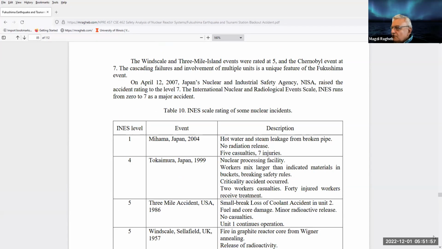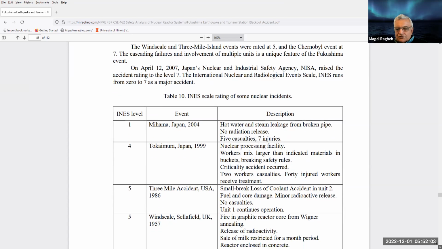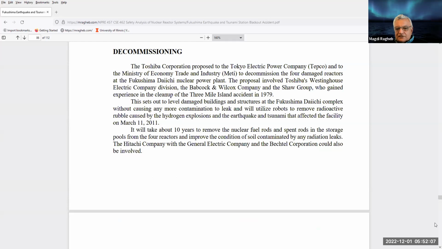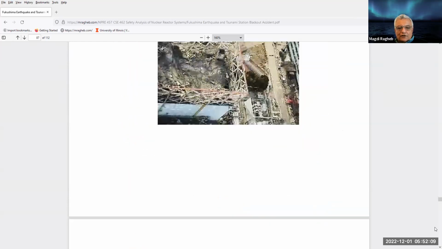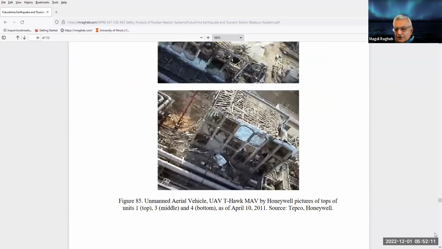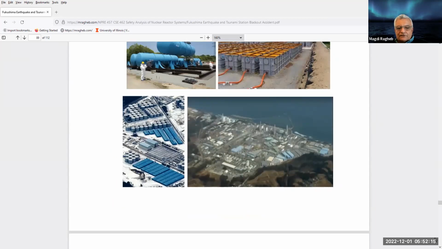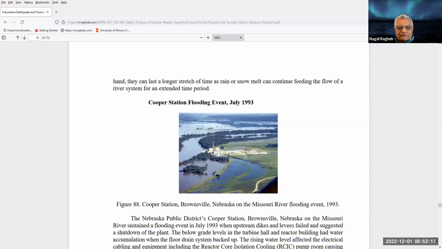One last item that I want to mention to you is that we have learned from that accident that happened in March and prevented an accident that could have happened in the United States in June, when one of the reactors on the Mississippi River started being flooded. And that is the Cooper Station flooding that happened in 1993.